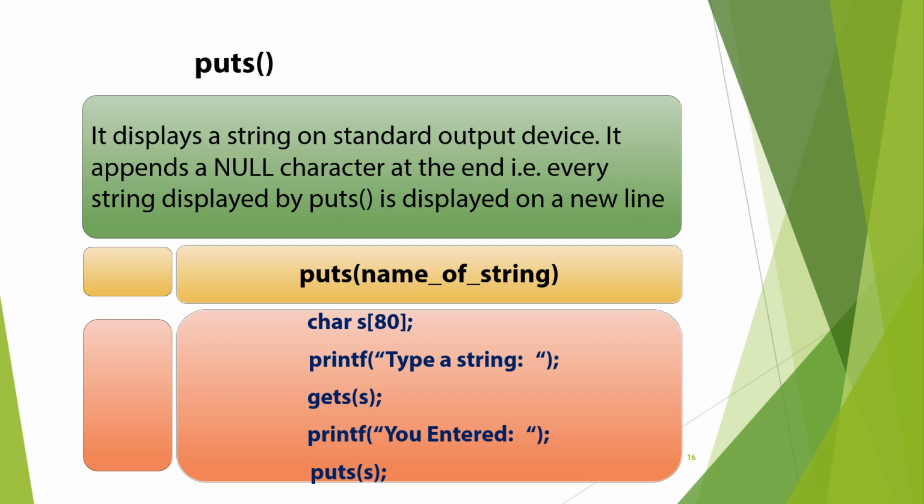After the end of the string, the user will press the enter key. When the enter key is pressed, that string will be stored in the string named s by using the gets function. Again we have used the printf function here to let the user know what is happening in the example.